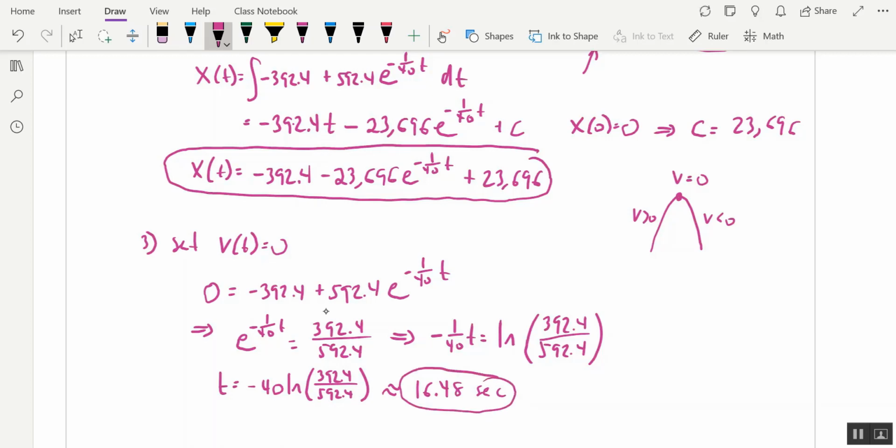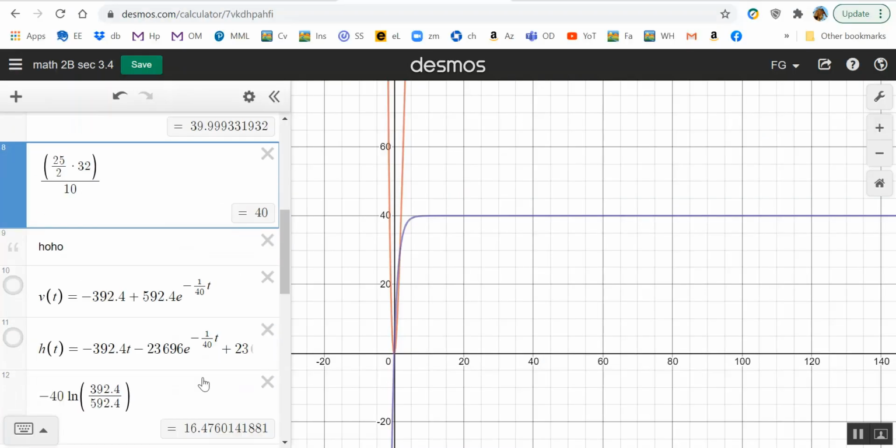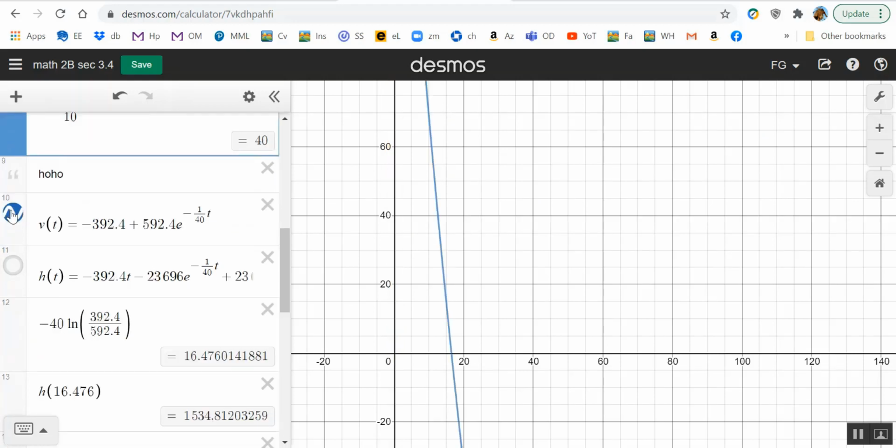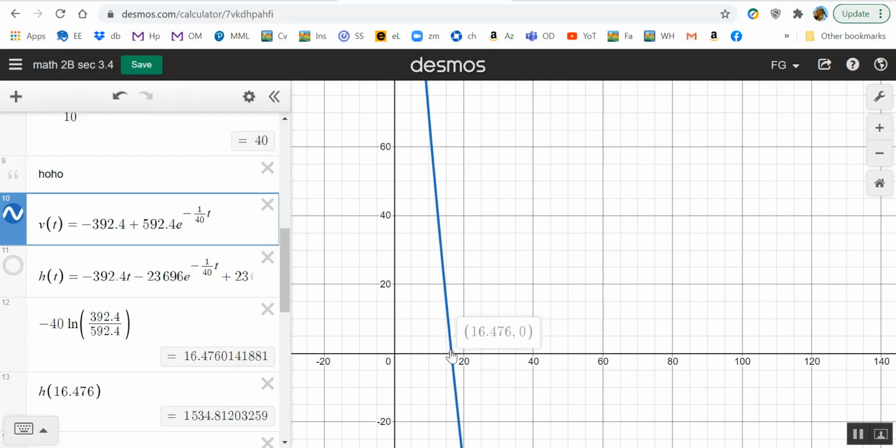So let me show you that on Desmos. Here I've got the ho-ho problem. Okay, here's v, and v(t) is 0 at about 16.48 seconds. We can also just see where v crosses the t-axis, and we get 16.476 seconds. I got 16.48 seconds, so yeah, that's about right. Then I went ahead and typed in h(t) for position, the position function that we found. We called it x before.